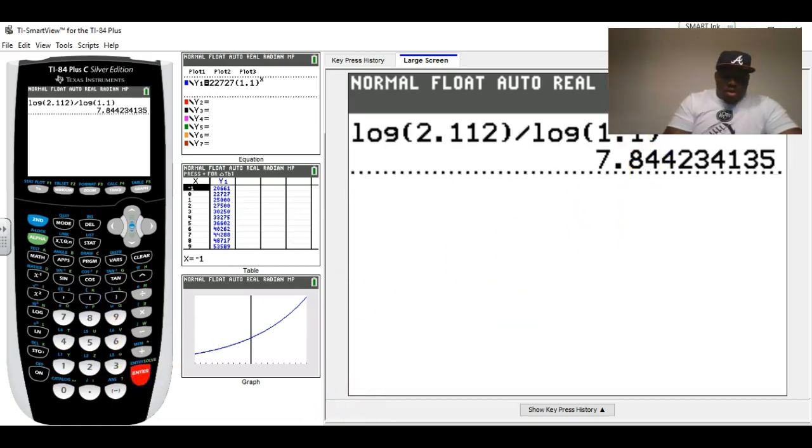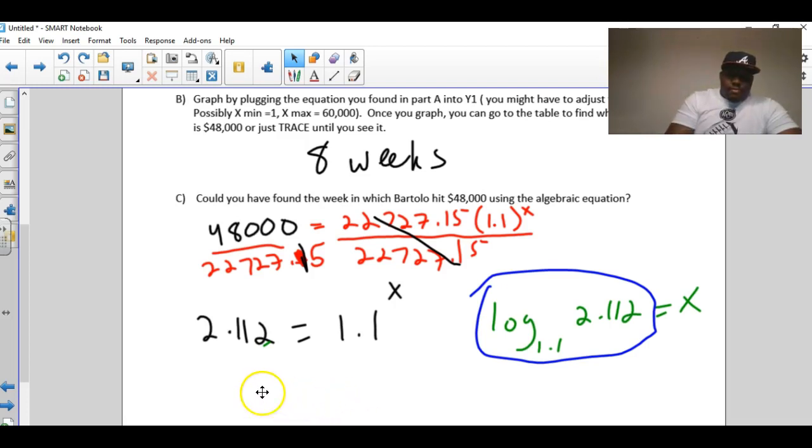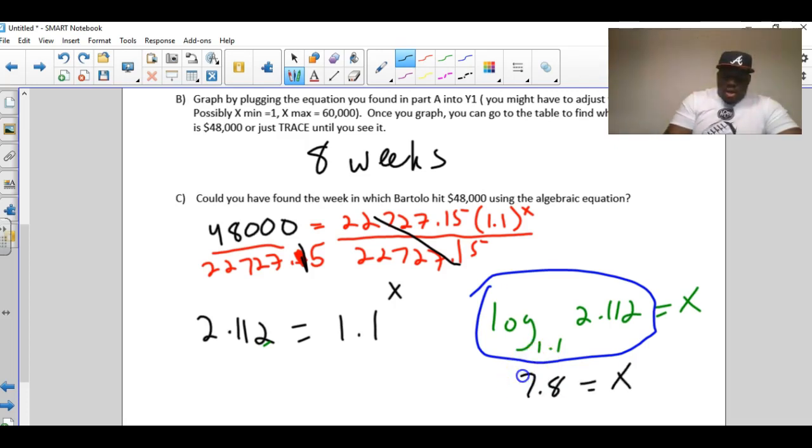So 7.8 equals x. That's what we saw in our calculator, guys, which is about 8 weeks. About 8 weeks, which we had said.